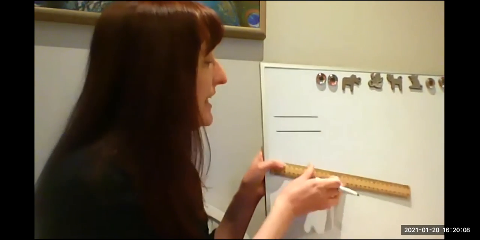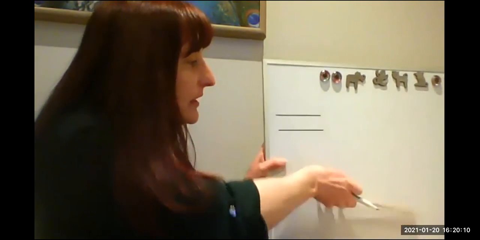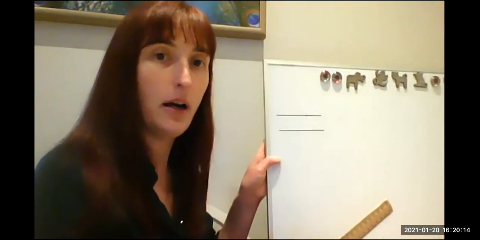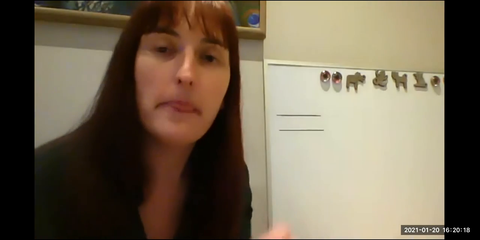Okay? So 10 centimetres. If one of my questions is to draw to 1/2 centimetre, then remember there are 10 millimetres in a centimetre. So 1/2 centimetre is 5 millimetres. So I find how many centimetres I want, 10.5. 1, 2, 3, 4, 5.